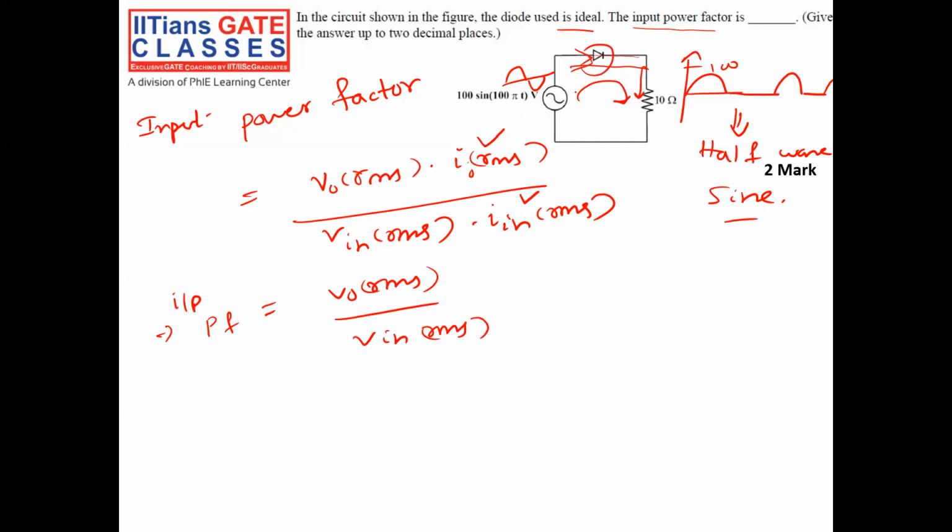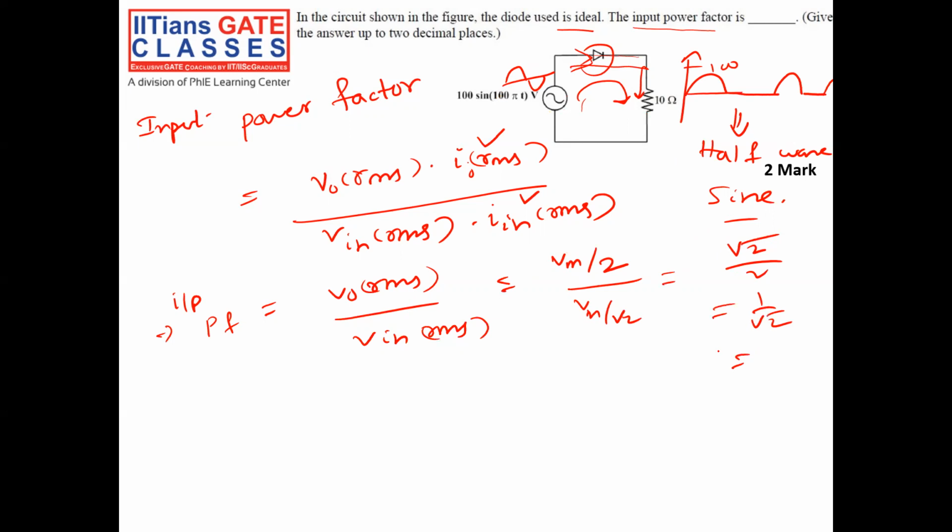For a half wave sinusoid, the RMS value is Vm by 2. For the input, a pure sinusoid, the RMS is Vm by root 2. So the input power factor will be root 2 by 2, equal to 1 by root 2.